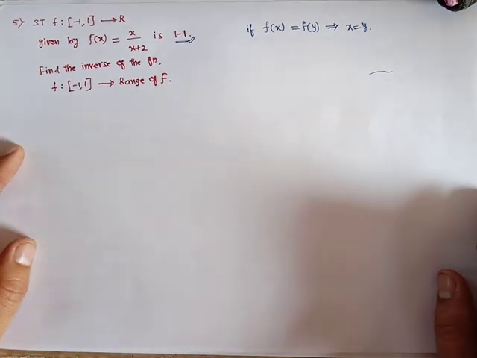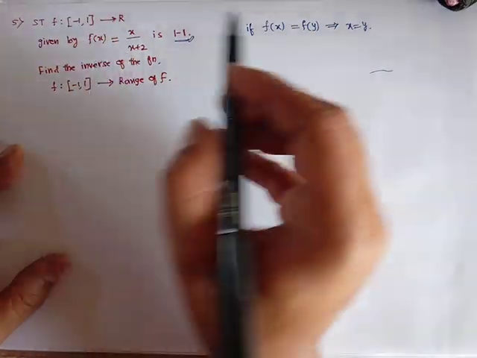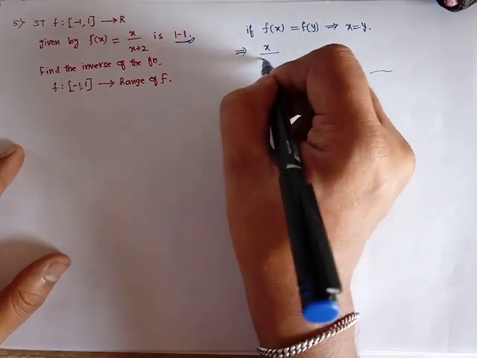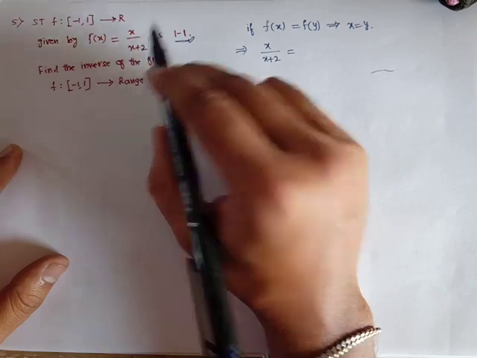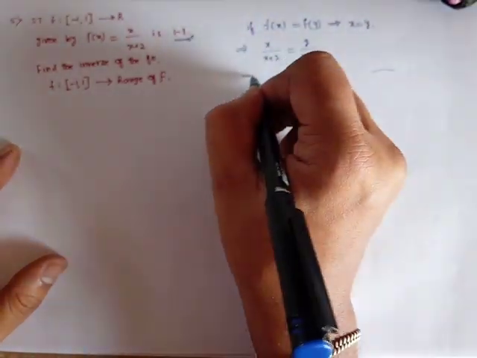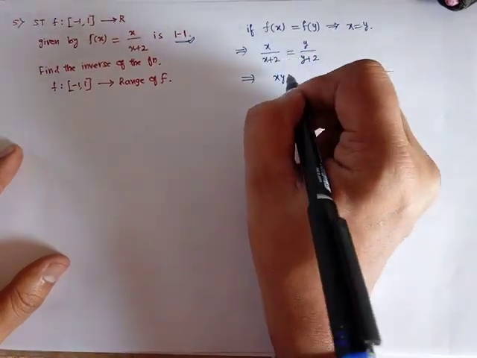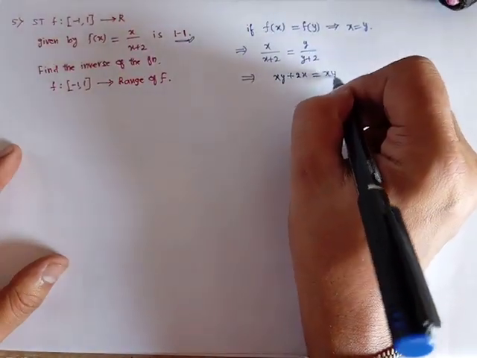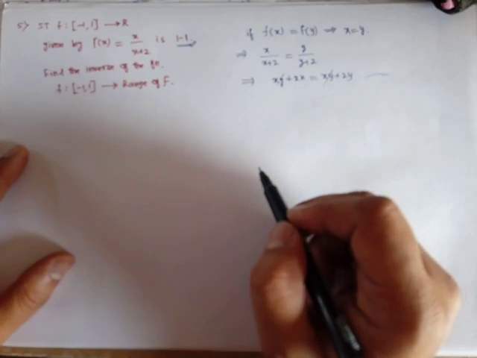Now the f(x) function is x/(x+2). f(x) is nothing but x/(x+2) = f(y) = y/(y+2). Now cross multiplication will give you xy + 2x = xy + 2y. xy getting cancelled.